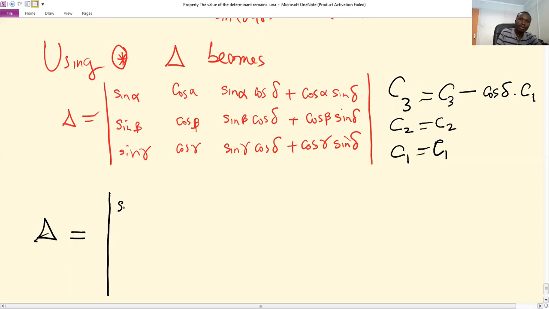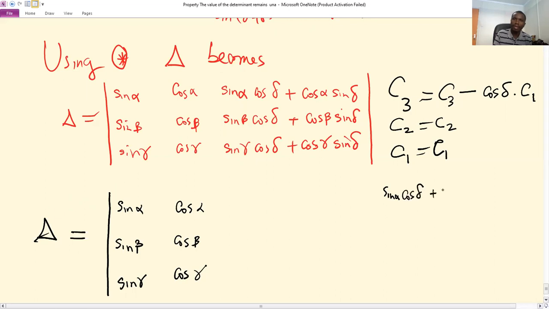So column 1 will be sine alpha, sine beta, and sine gamma. Column 2 remains cosine of alpha, cosine of beta, cosine of gamma. Now let's see column 3. We have sine alpha cosine delta plus cosine alpha sine delta.